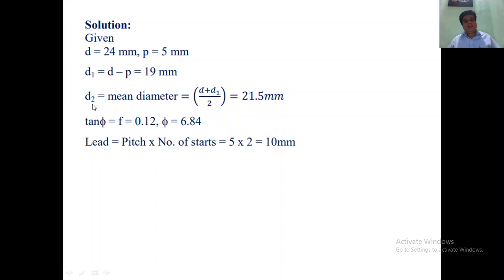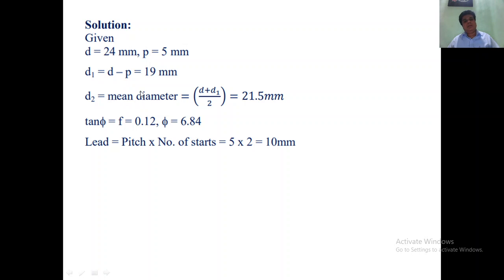The mean diameter is nothing but the thread diameter D plus D1, divided by 2. D is the outer diameter, and D1 is the diameter at the core or the root of the thread. So you take the average of that, which gives you the mean diameter.